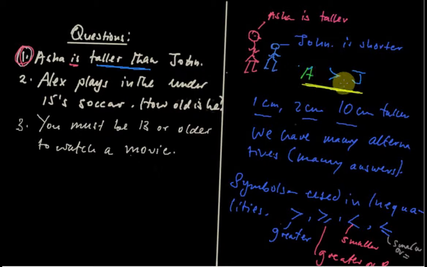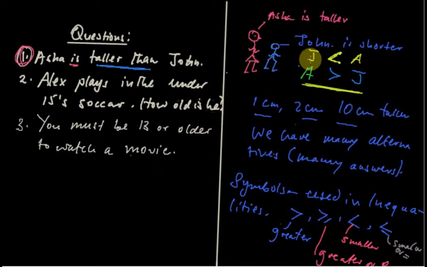So you can as well write it this way, that John is shorter than Asha. It is okay. See, this symbol opens to Asha every time. Asha is taller.